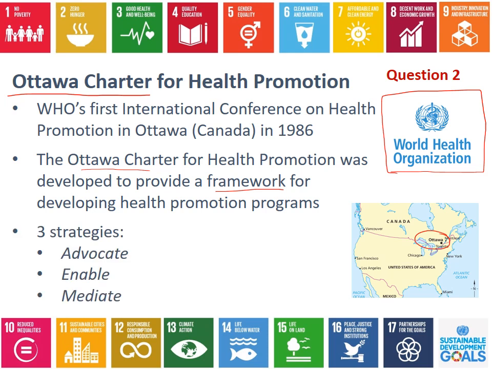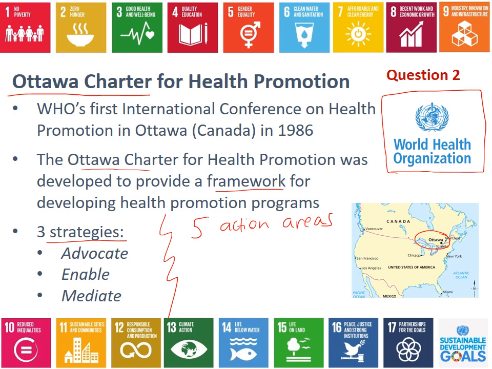In the Ottawa Charter, it can get a little bit confusing, so I'm just going to write this other bit down now so you know that we're going to look at something else as well. There's 3 strategies of the Ottawa Charter, and that basically says these are the 3 ways in which governments can achieve health promotion programs.